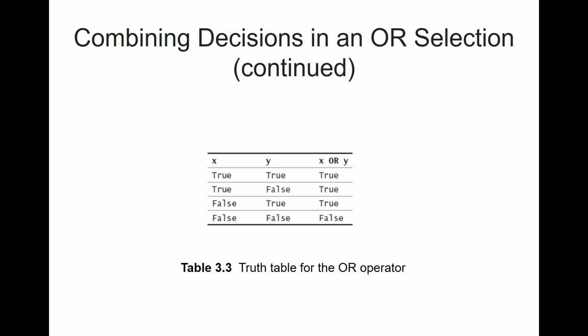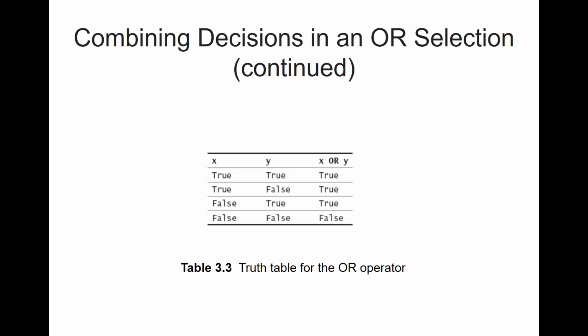In the ANDs, any false condition made the entire expression false. In an OR statement, the only way that it's false is if all conditions are false, or you could think about it as it's true as long as there is a true condition somewhere. Either way you want to look at it.